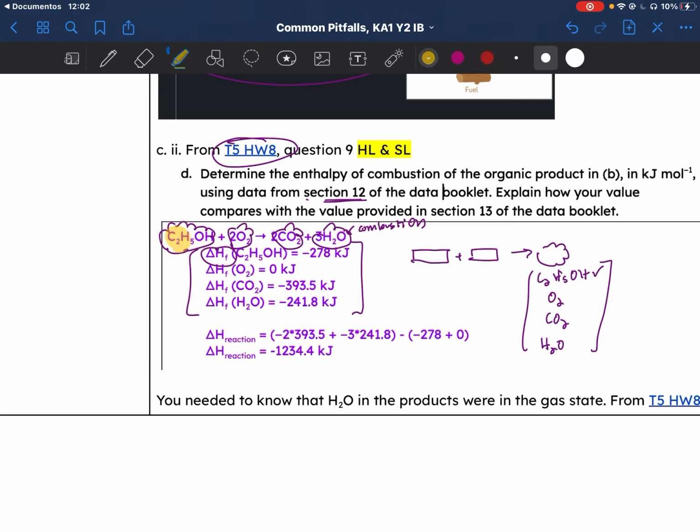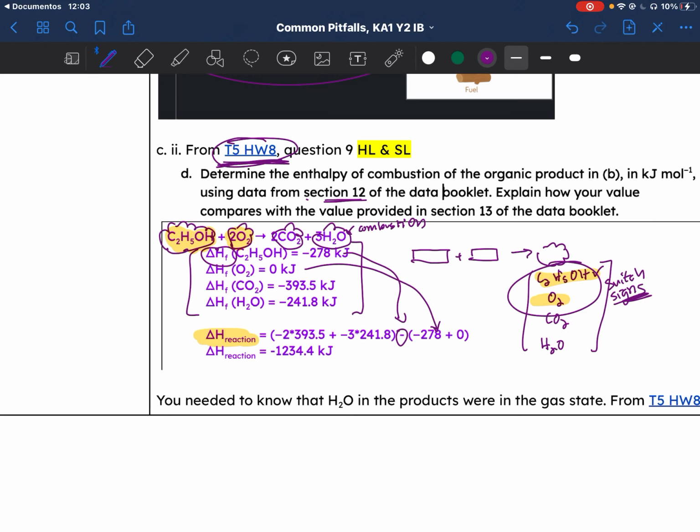Well, the molecules that are in my reactants in the equation that I'm actually calculating the enthalpy change for, so my reactants here, these will need to switch signs. And we showed that here. This was from your homework, and again, your test should have been exactly the same thing, that your reactants switch signs, CO2 and H2O do not.